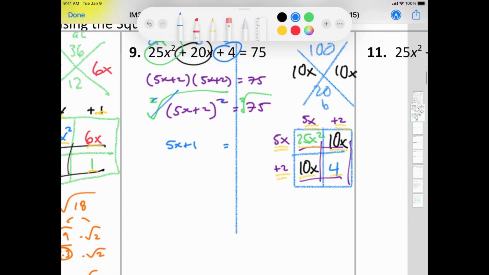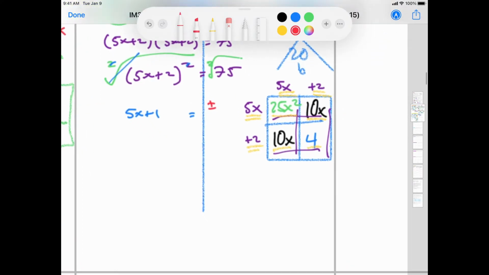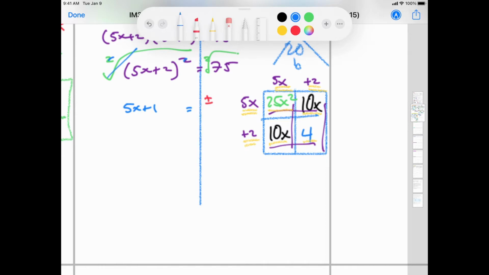Okay, let's pay attention here now. Square root properties, so plus or minus, square root of 75 is 25 and 3, and square root of 25 is 5. So that becomes plus or minus 5 radical 3. Okay, remember using PEMDAS backwards, we're going to subtract 1.